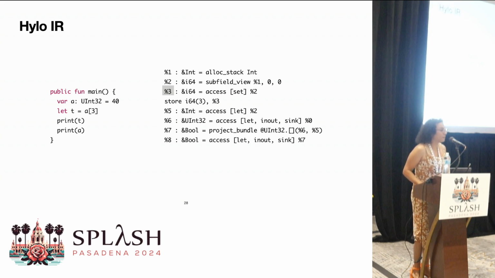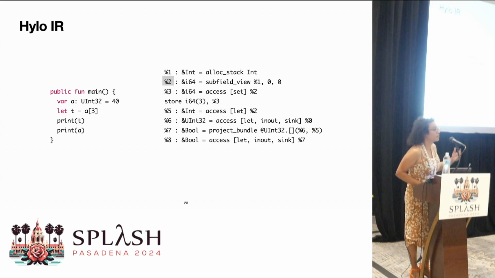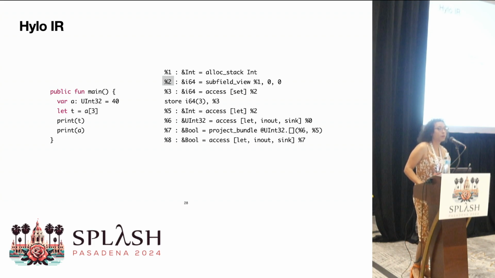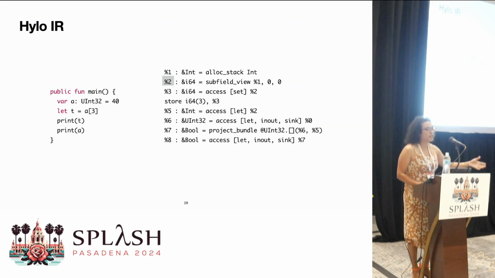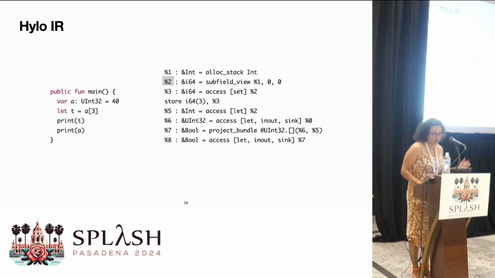On the other hand, %2 is just a raw access to the value. It doesn't have any capability. So every time I want to perform an operation on some cell, I need to say what kind of permissions I want on this, and I can read, write, or initialize with the different accesses that we have. So now we are getting to the interesting part.